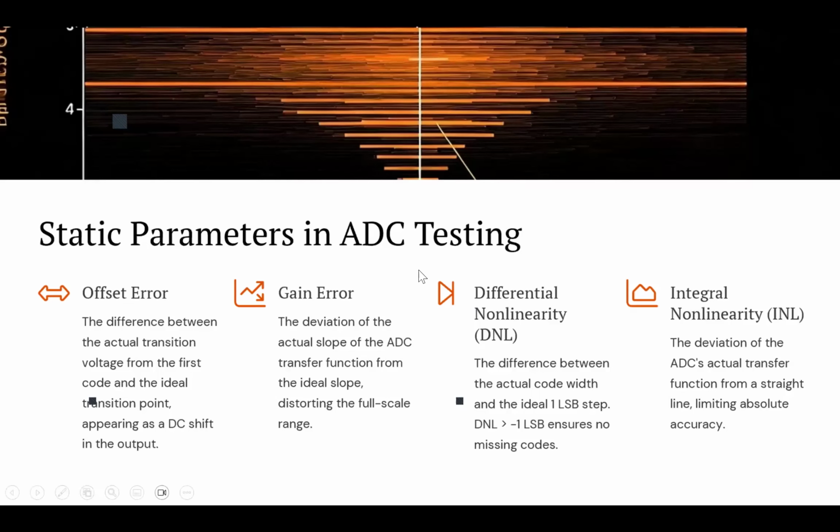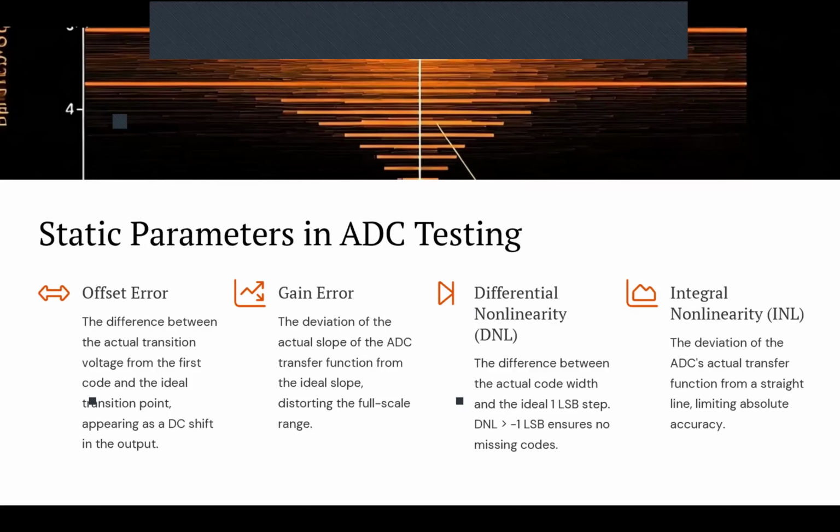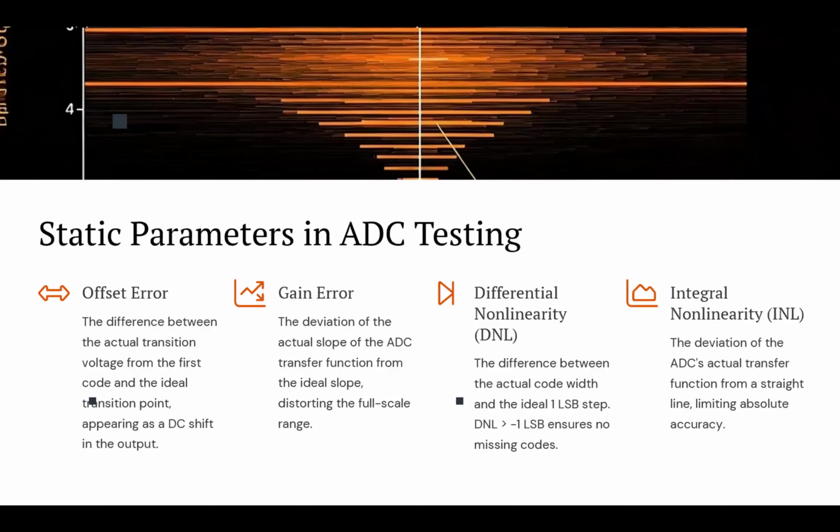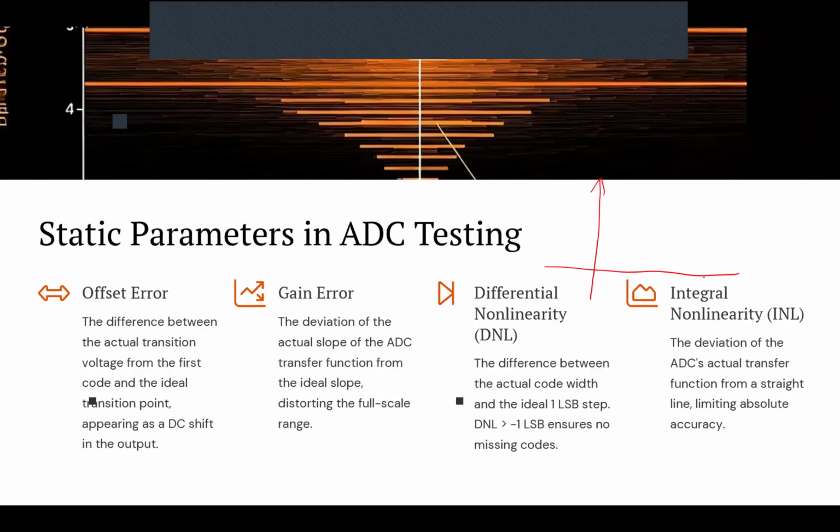One of the parameters that the IEEE 1057 introduced for static testing is offset error. This offset error is the difference between the actual transfer function and the ideal transfer function. Let me show with a graph.